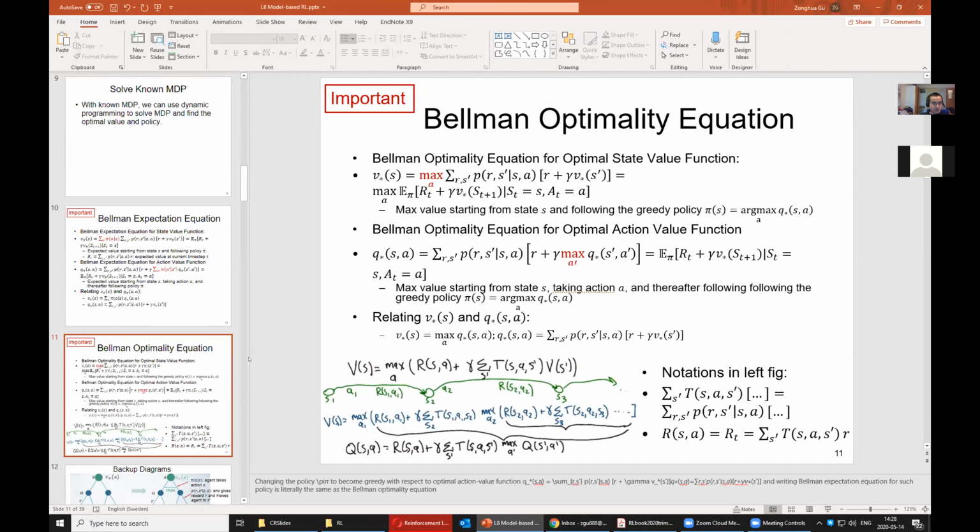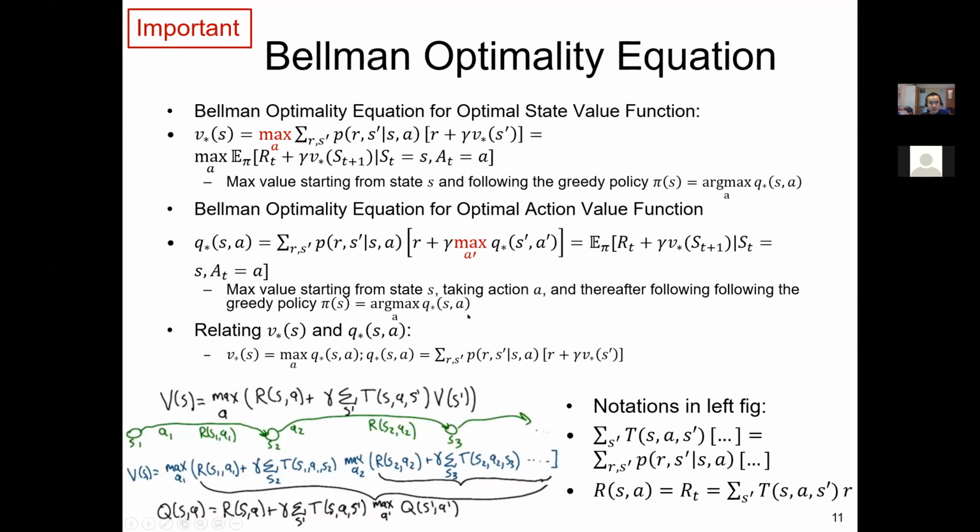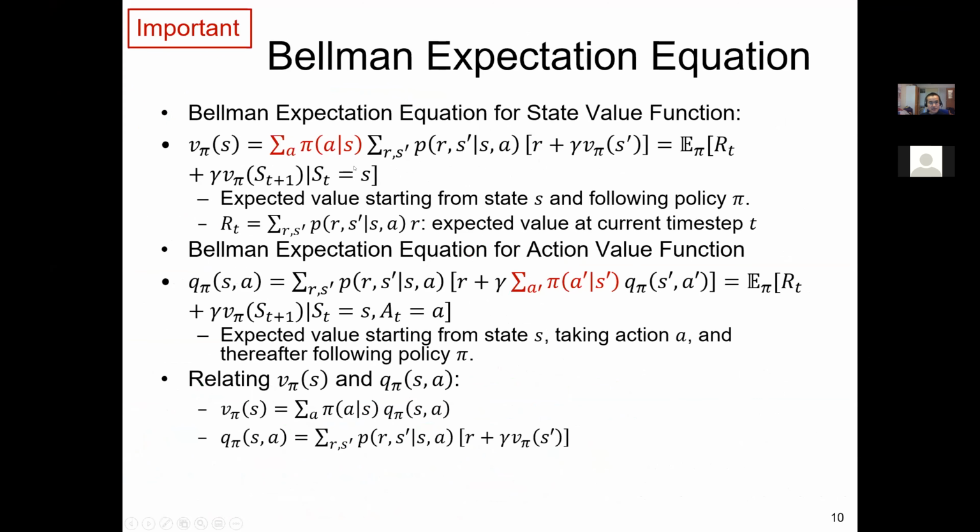If you compare these two, the only difference is you have a max over a for V star, the optimal state value function, and max over a prime of Q star for the optimal action value function, as opposed to the expectation over a for the Bellman expectation equation.